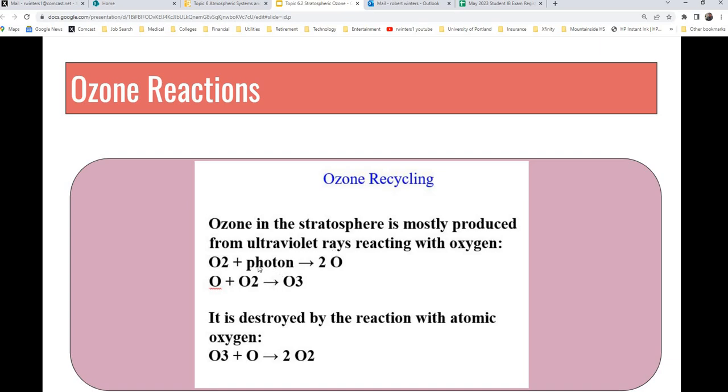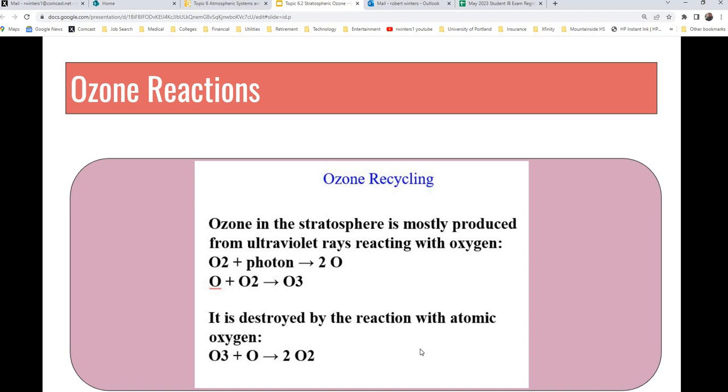UV radiation, in the form of photons from the sun, is reacting with oxygen, O2, not ozone. And the UV radiation breaks oxygen, O2, into 2 oxygen radicals. These radicals then recombine with other oxygen molecules. Pretty simple math here. 1 oxygen plus 2 oxygens makes 3 oxygens. So that's how we make the ozone layer.